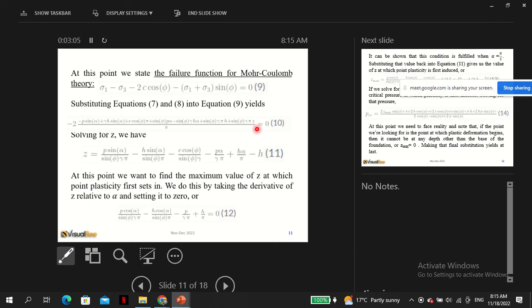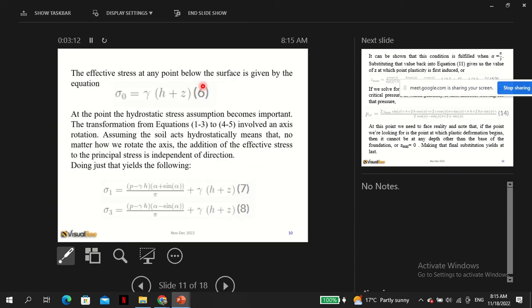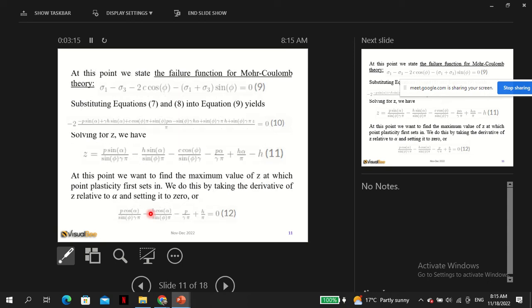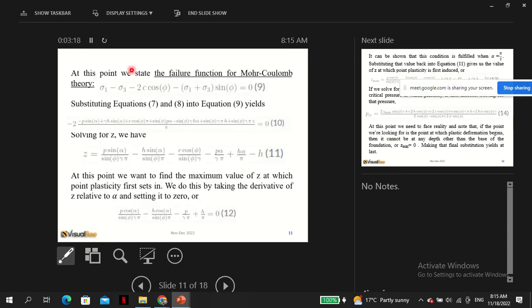Now, because we have sigma 1 and sigma 3 in this equation, we substitute equation 7 and 8 in this long equation, and we are interested in solving for z. If we solve for z, this is the solution.